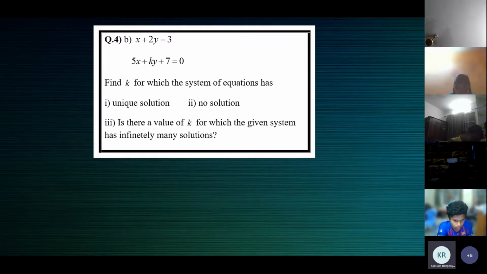Okay, I've got the answer from Rajeshwari. Ma'am, for infinitely many, 2 by k is not equal to minus 3 by 7. Very good.